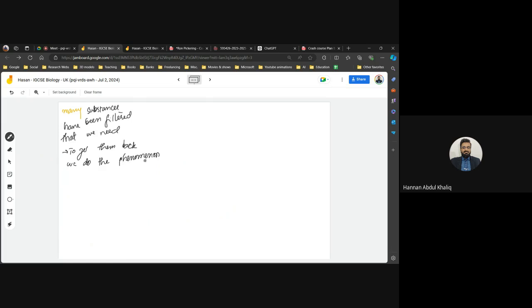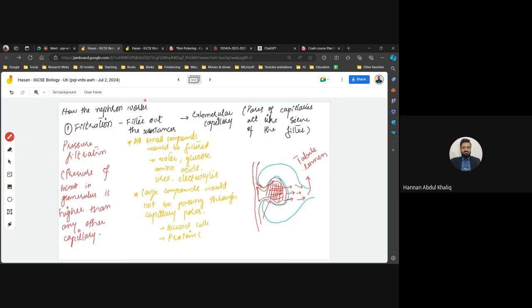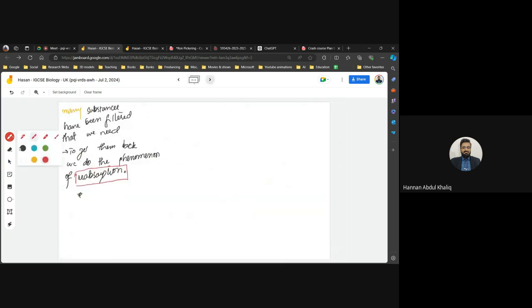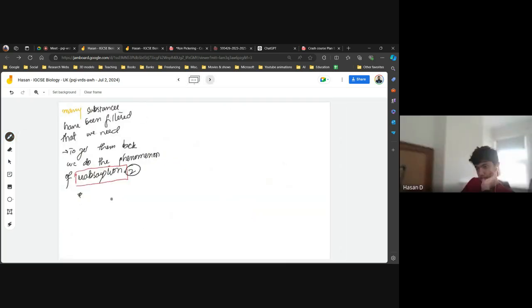Why do we call it reabsorption, and not absorption? Can you repeat the question?